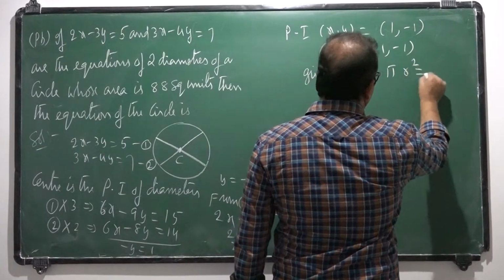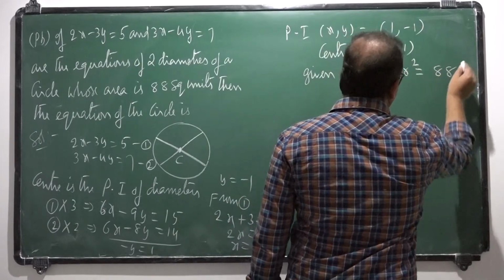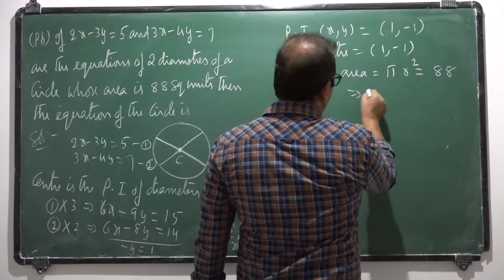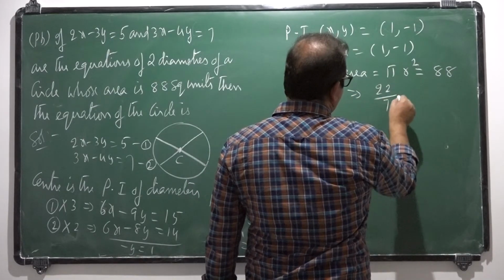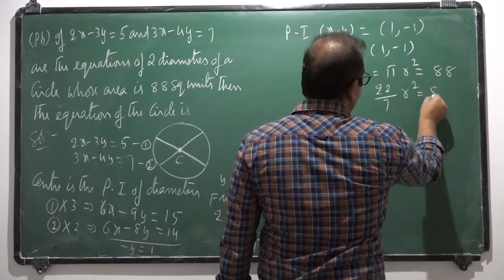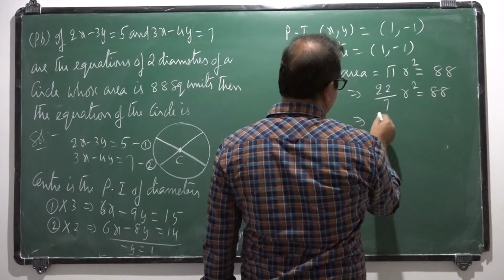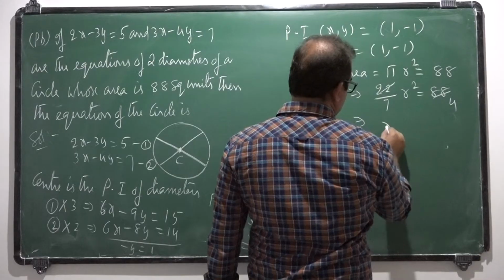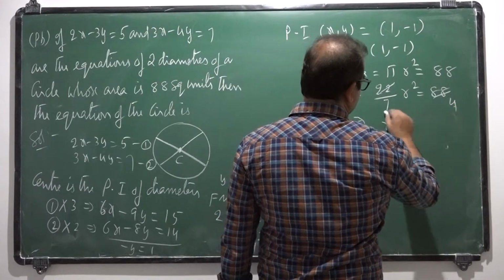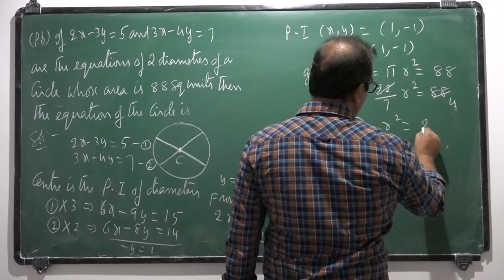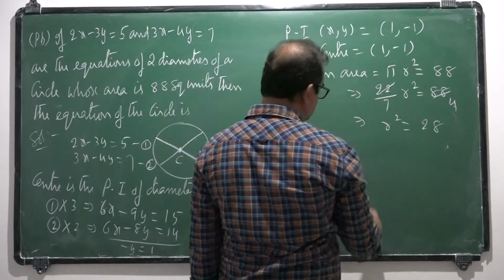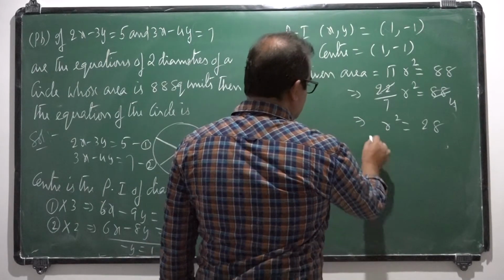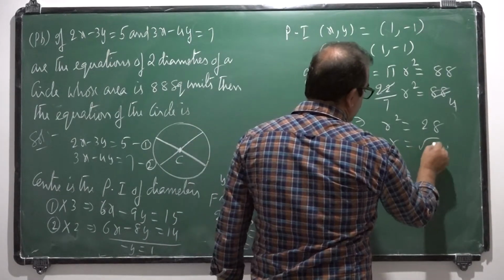Pi r square is equal to 88. But what is pi? 22 by 7 r square is equal to 88. The 4 times cancels. r square is equal to 7 into 4, 28. r is equal to square root of 28.